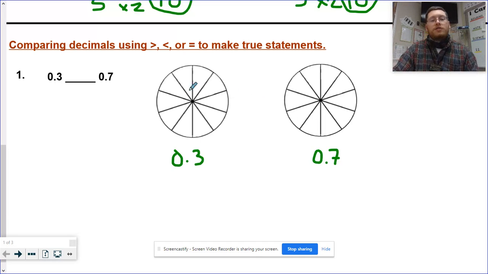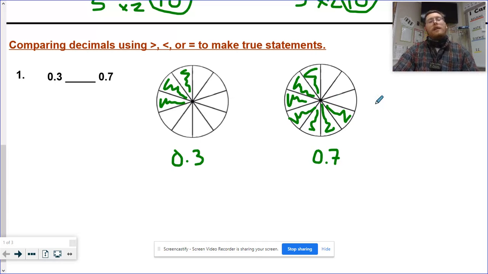So I have fraction circles here. They're both broken into tenths because we are dealing with the tenths place. This one is 0.3, so I'm going to color in 3 of them. 1, 2, 3. Perfect. Now I'm going to color in 7 of these because it's 7 out of 10 pieces. 1, 2, 3, 4, 5, 6, 7.